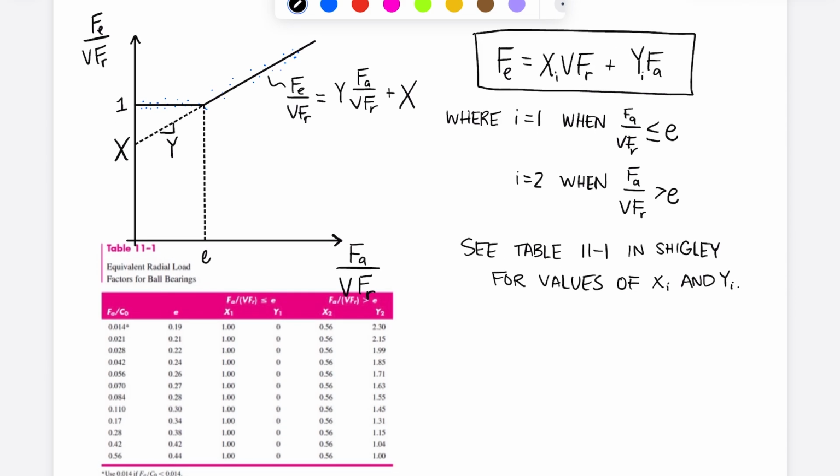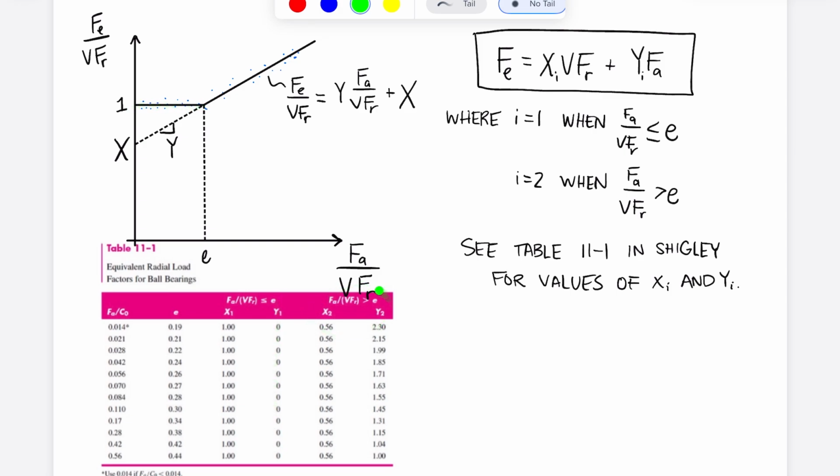So if I look at the values of X and Y in this column of the table, this means that my ratio of Fa over VFr is less than e, less than my cutoff, so I'm on this side of the graph. And when I'm there, my X, which is my y-intercept, is just equal to 1. And my slope, Y1, is just equal to 0 because we have this flat line.